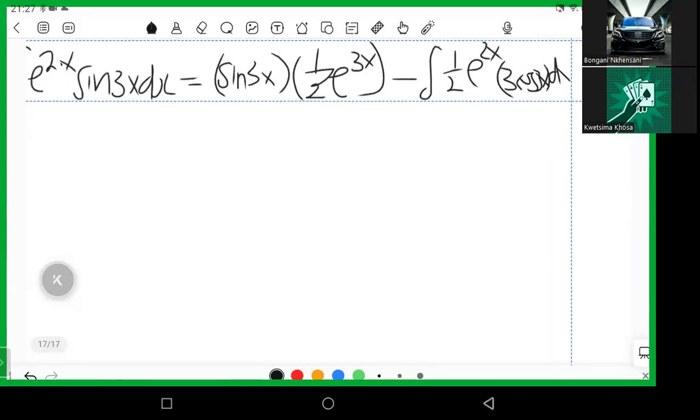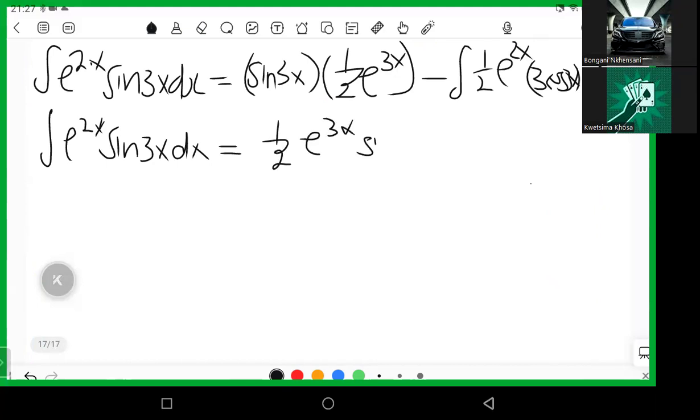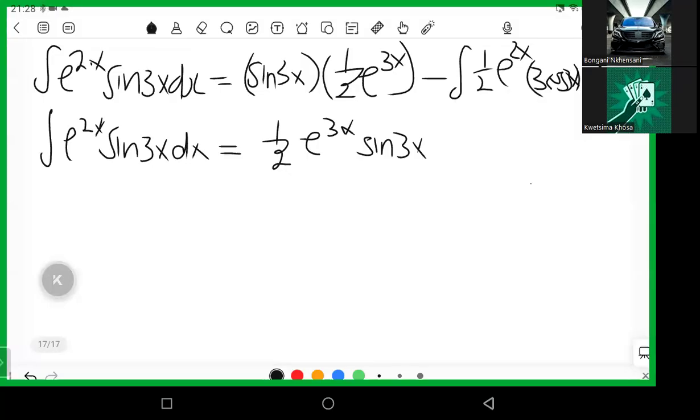So now we're here. We just have the integral of e to the 2x sine of 3x dx equal to 1 over 2 e to the 2x sine of 3x, right?